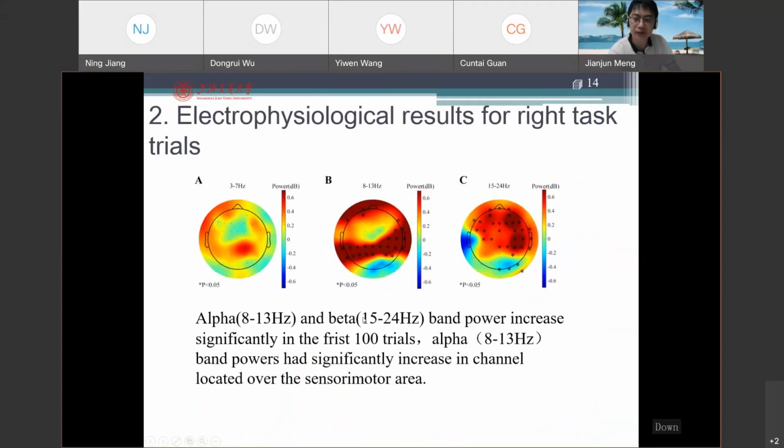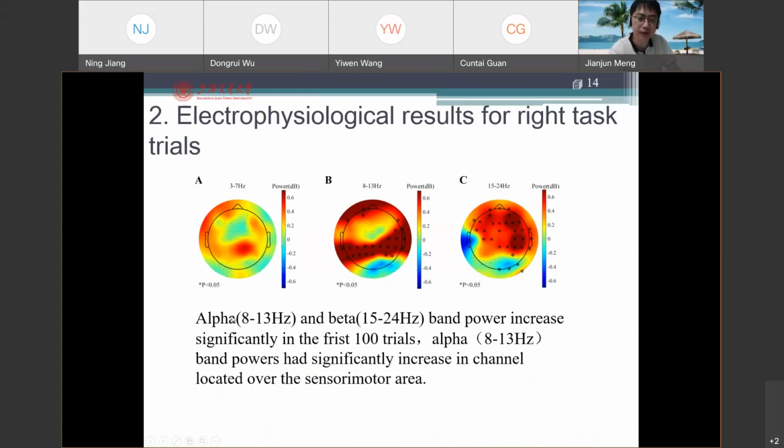We also analyzed the different band power change in the first 100 trials, and the results are shown in this figure. It shows the contrast between the first 50 trials versus the 51 to 100 trials.